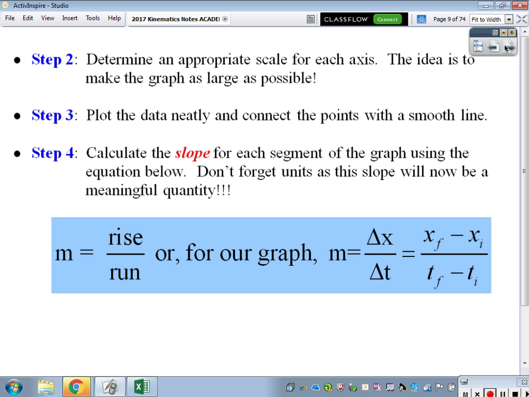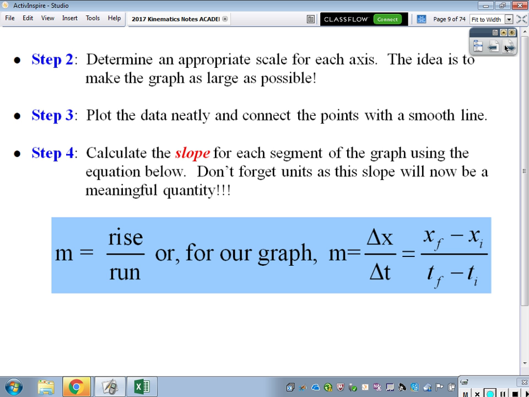Now, in experimental data, when we're collecting quantities as part of lab, we can't accurately predict the number of spaces that we need. But we are always going to try to space this out as large as possible. I threw out a rule of thumb about 2/3 or more of an axis, and we really should try to use the most amount possible. But at a minimum, we need at least 2/3 to 3/4 of an axis.